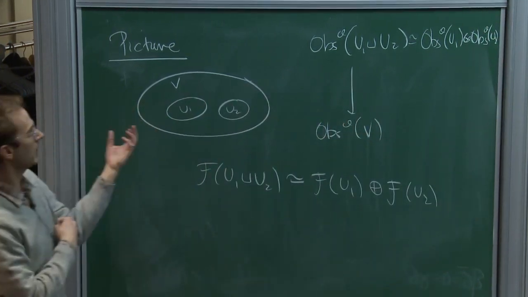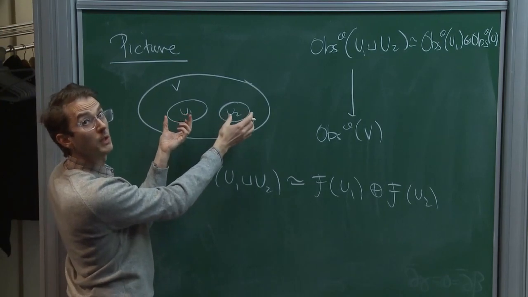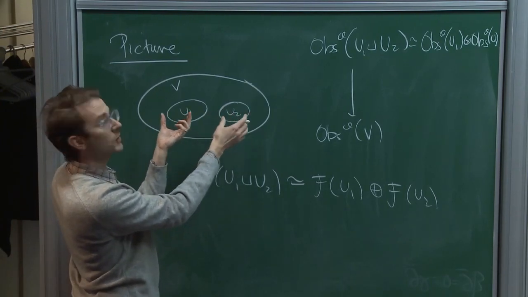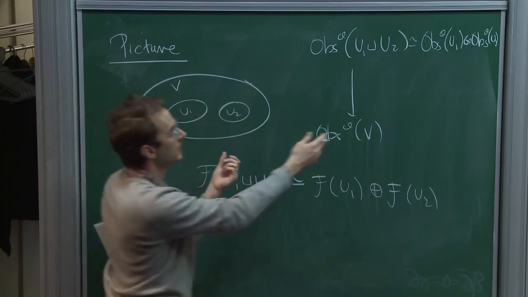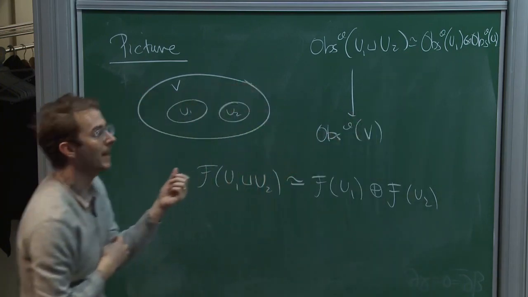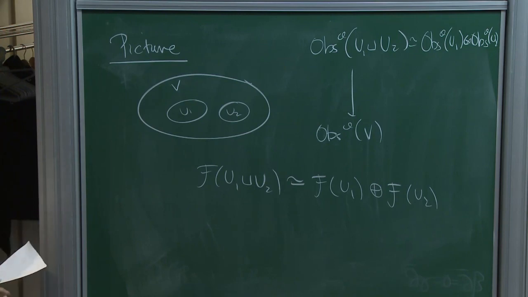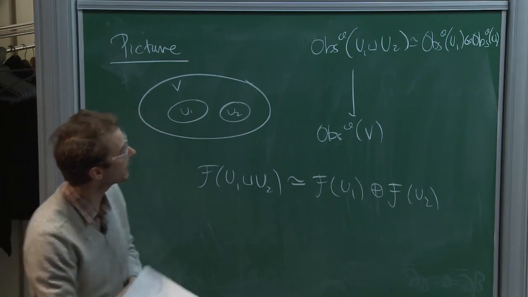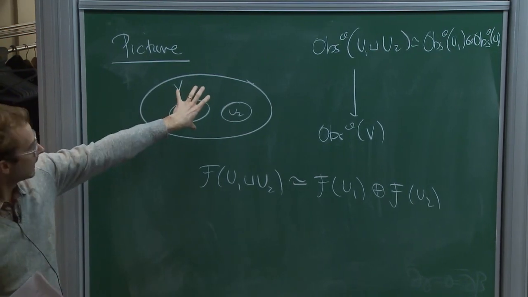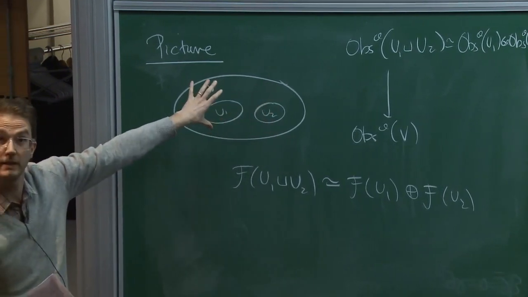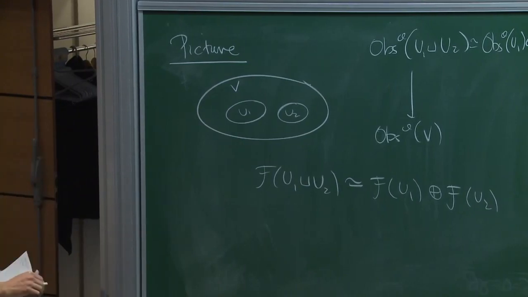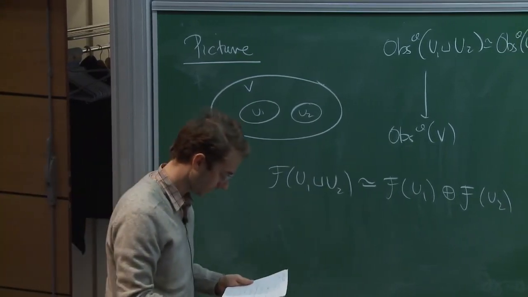So if I have an observable on U1 and an observable on U2, there's some way of putting them together. You can take the measurement you make in U1 and the measurement in U2, and you multiply their outputs. And that's this composite map, and that defines an observable from the big open set. When we quantize, this structure gets deformed, and you can read off of it things like the OPE in vertex algebras or in chiral algebras.